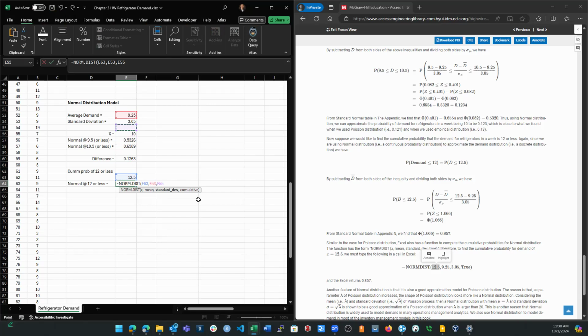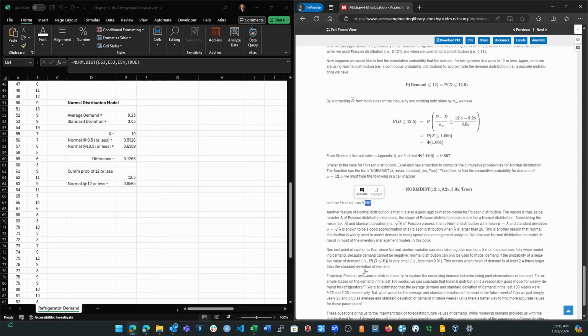Our standard deviation is 3.05. Cumulative is actually going to be true. We're doing 12 or less at 12.5. And Excel returns 0.856. And again, that's a little bit off from the rounding from the book of 0.857.